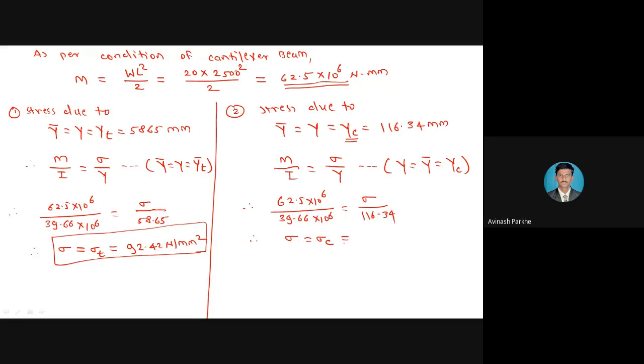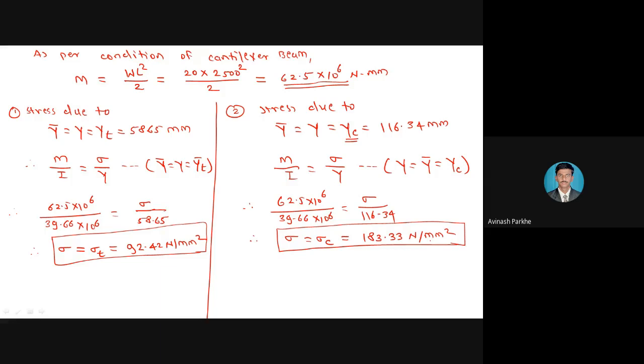Sigma c is equal to, why sigma c? Because yc we have taken below the neutral axis. It is 183.33 Newton per mm square. So these are the two stresses.